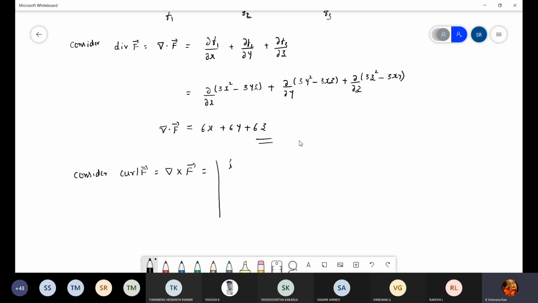Leave some spaces for i, j, k. The components of del are dou by dou x, dou by dou y, dou by dou z, and the components of f are 3x square minus 3yz, next 3y square minus 3xz, and 3z square.